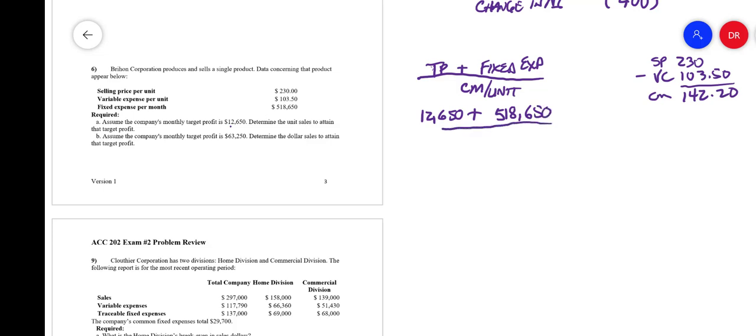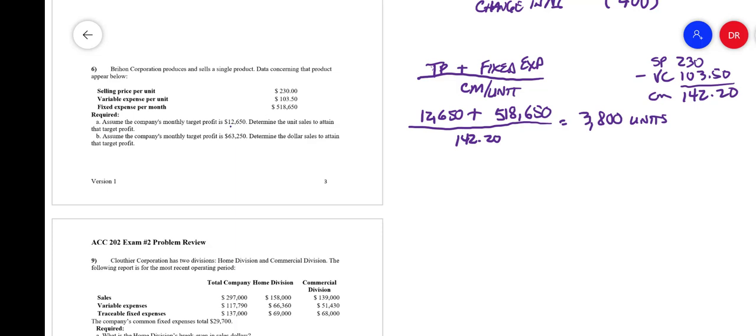We divide all of that by the contribution margin per unit of $142.20. That gives us the number of units that we need to sell to achieve this target profit: 3,800 units. Okay, so that's in units.